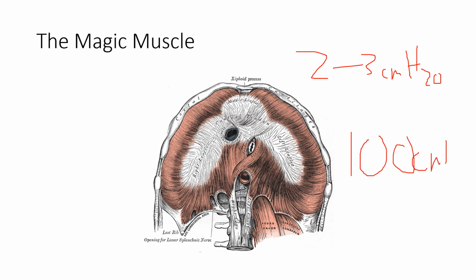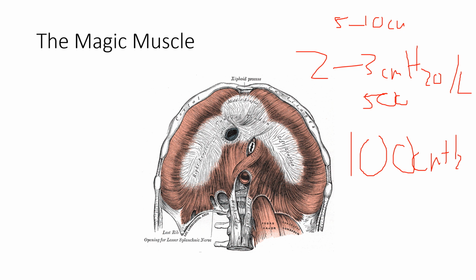To expand the lungs and to bring in a normal tidal volume, we typically only have to generate about 5 to 10 centimeters of water, because static compliance is roughly 2 to 3 per liter, and with a tidal volume at rest being about 500 milliliters for most individuals, it corresponds to only about 5 to 10.